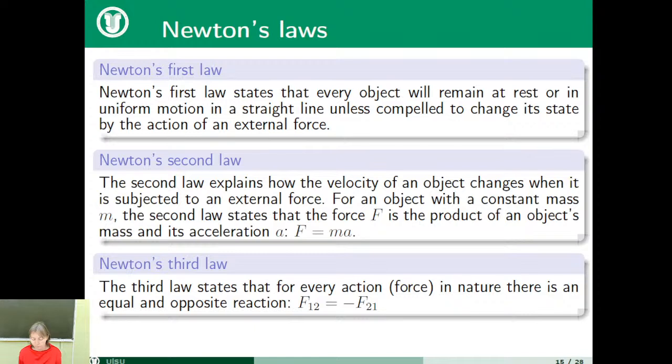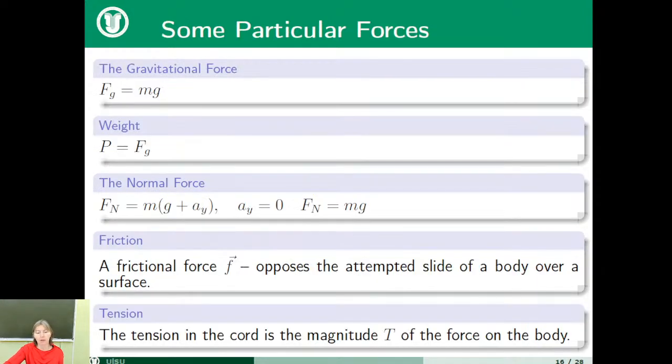Some particular forces. First of all, the gravitational force. A gravitational force on a body is a certain type of pull that is directed toward a second body.